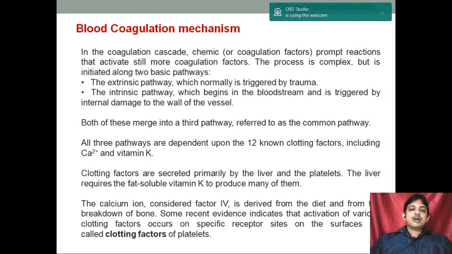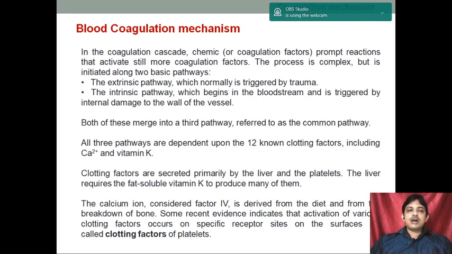Calcium ion is considered factor 4 and is derived from the diet and from the breakdown of bone. Some recent evidence shows that activation of the various clotting factors occurs on specific receptors on the platelets, called platelet clotting factors.